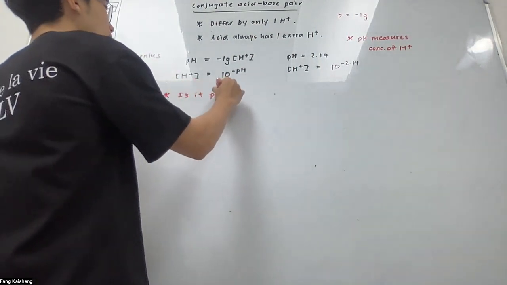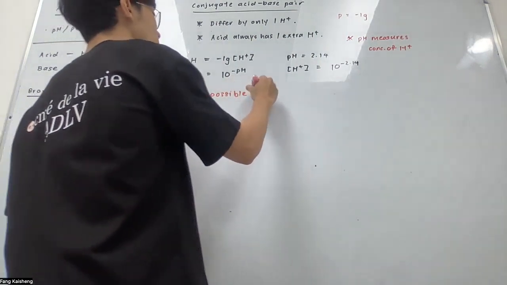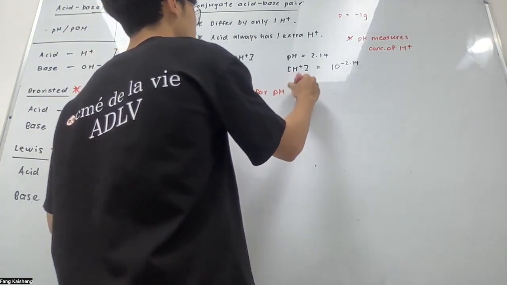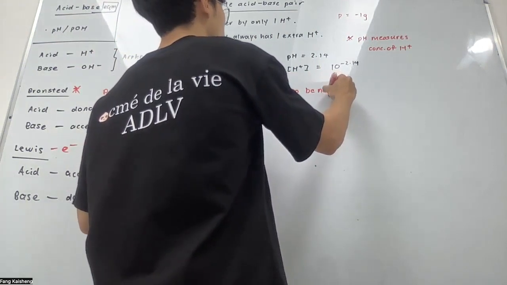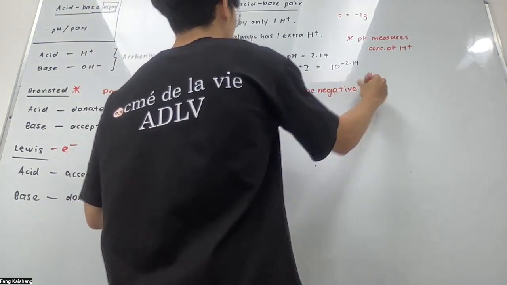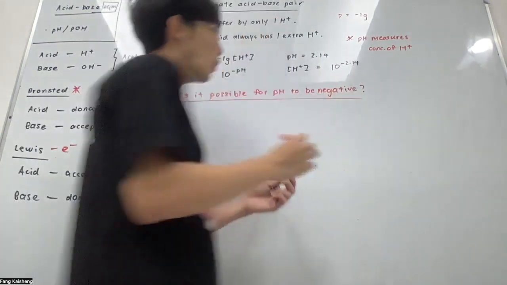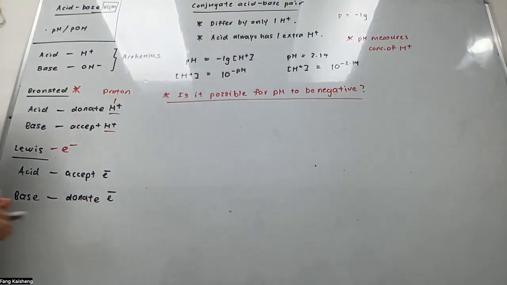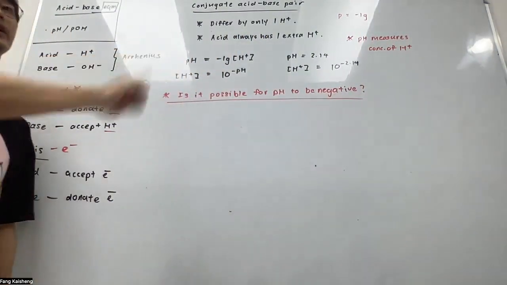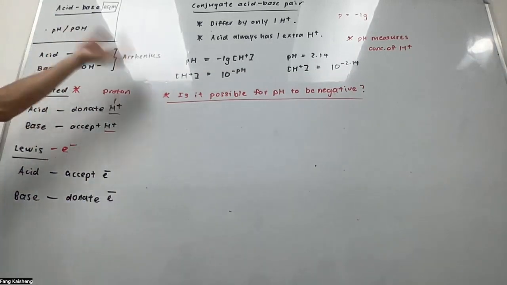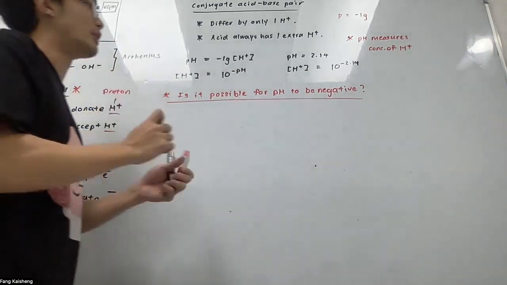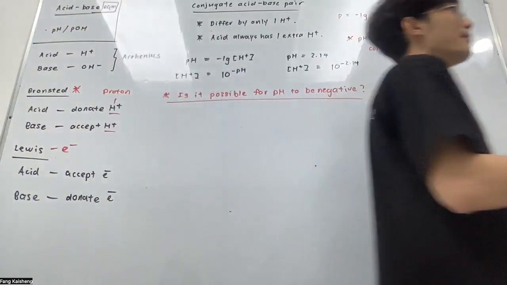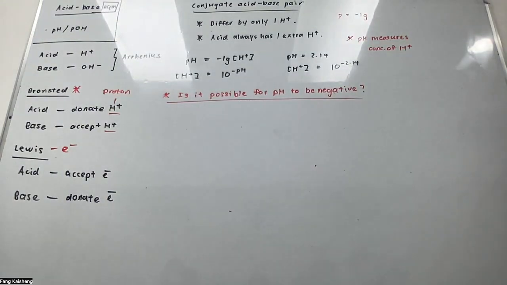Now, is it possible for pH to be negative? Your first answer in your head would probably be no, because it's not like we've encountered this before. But now that we have learned the definition, can you take out a calculator, punch around some values and perhaps try to get a negative pH out?